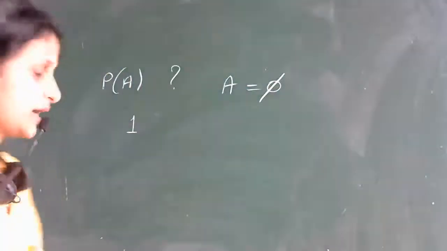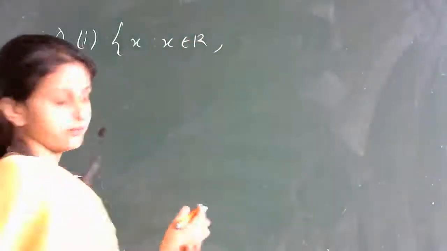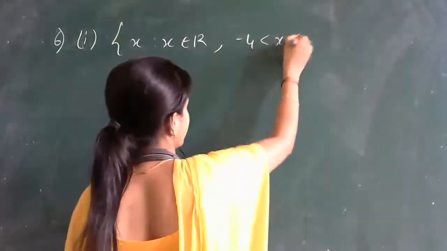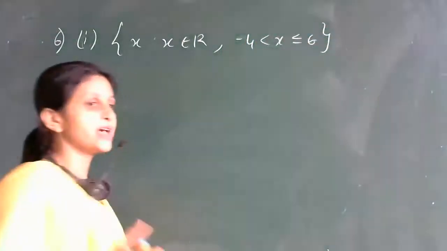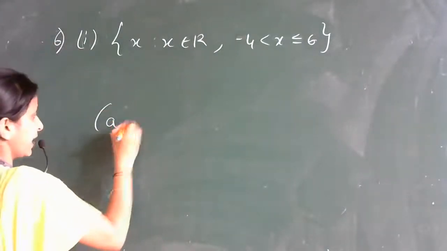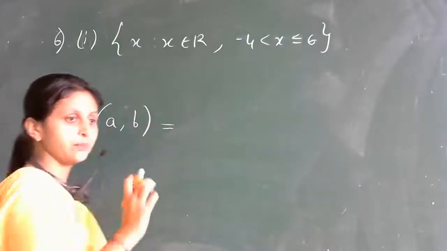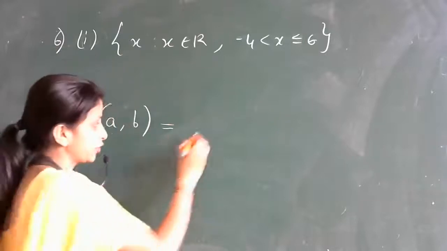Next, the 6th question. We have to write the following intervals. First, x such that x belongs to R and -4 less than x less than or equal to 6. Now, as we have done open intervals and closed intervals, I told you an open interval (a, b) will include all real numbers between a and b, but it will not include the endpoints.